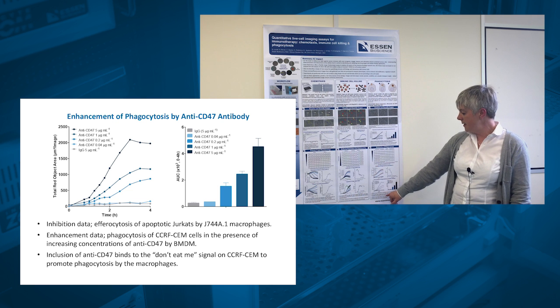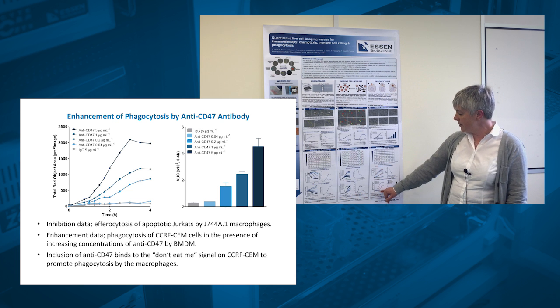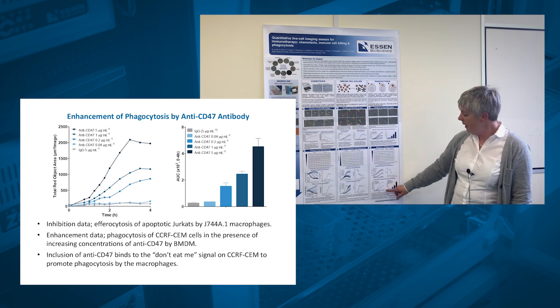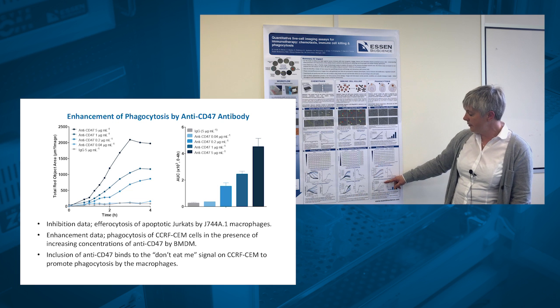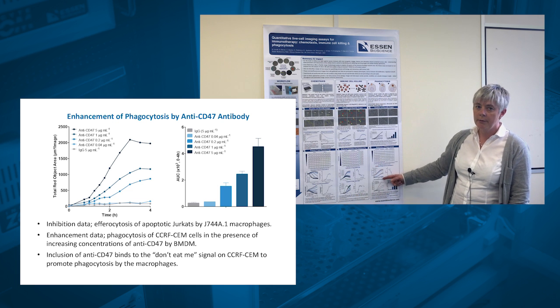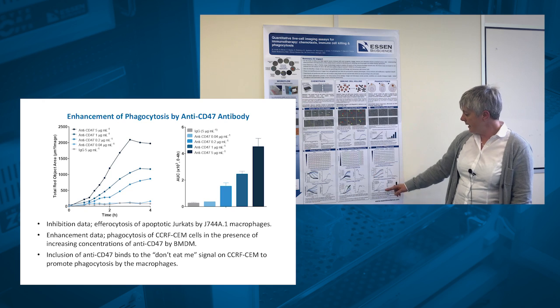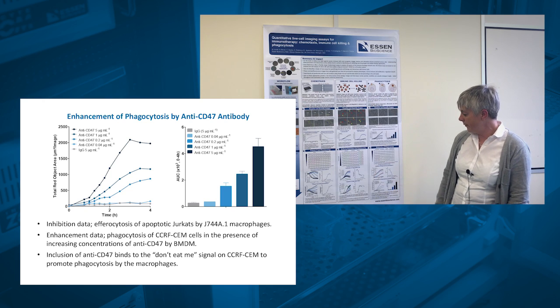But by putting the anti-CD47 antibody in there, we're blocking that marker, and now the bone marrow derived macrophages that we're looking at here see these cells as food and will eat them. And you can see here as the antibody concentration increases, we see an increase in the fluorescence. And again, we can convert this to a bar graph.